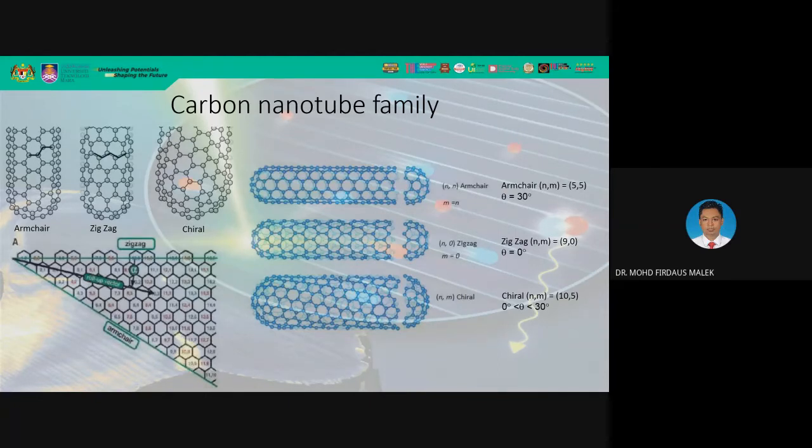All the carbon atoms in nanotubes are on the surface, and therefore accessible to other atoms. The carbon atoms in nanotubes, as I showed you before, are bonded to only 3 other carbon atoms.